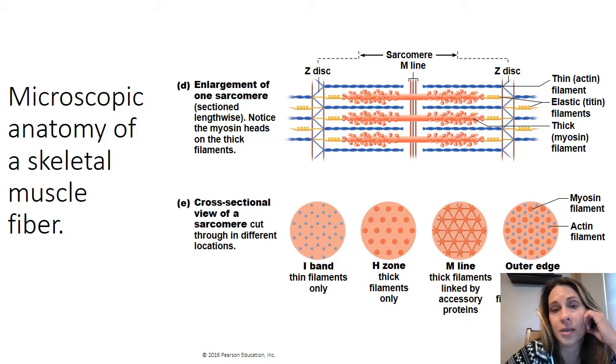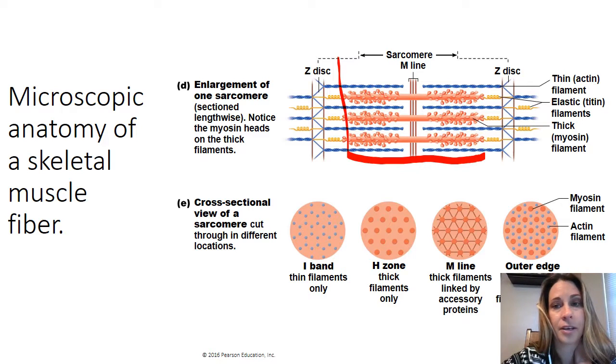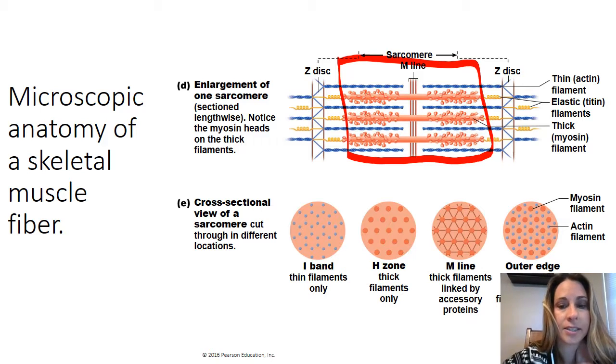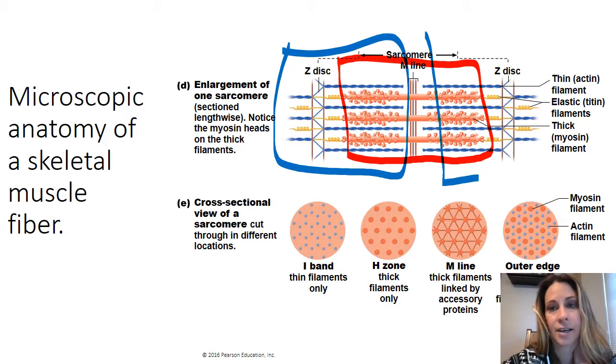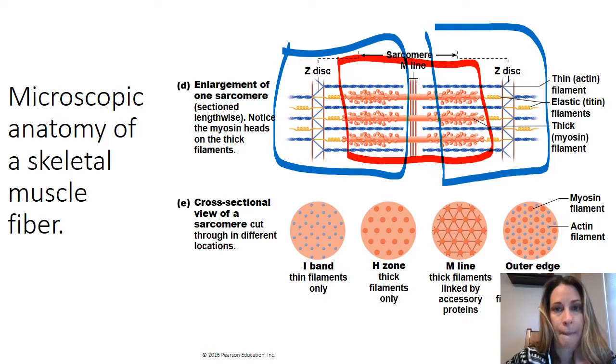Here's another close-up look. This is just a single sarcomere this time. So now we know why myosin is called the thick filament, right? Look at how thick it is compared to these teeny tiny braids of actin in those overlap zones. And so what they're going to do is the myosin is going to physically connect to the actin.